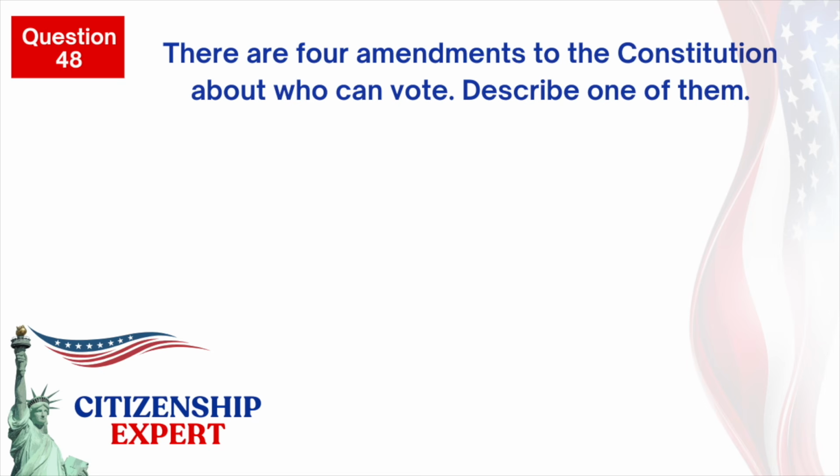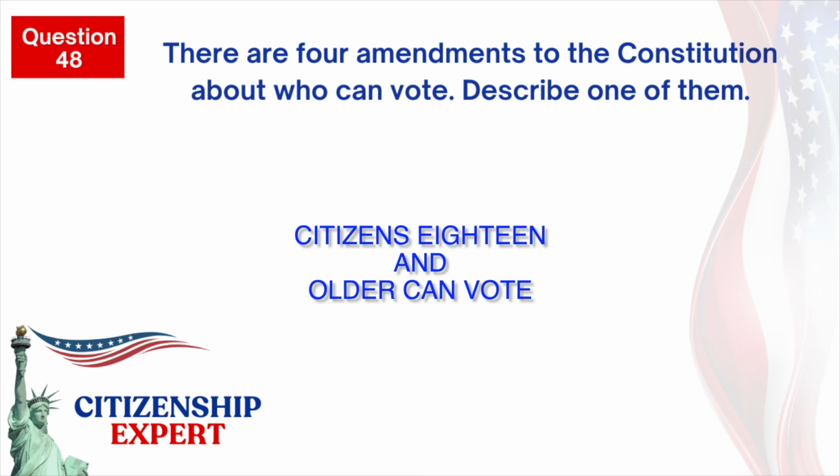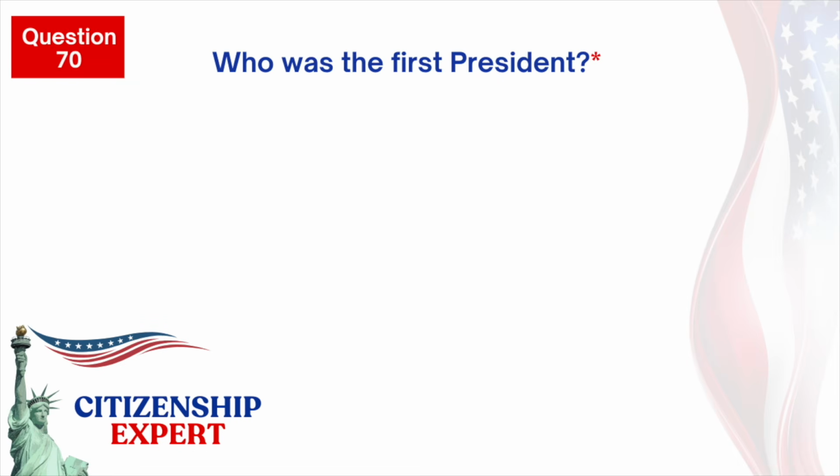There are 4 amendments to the Constitution about who can vote. Describe one of them. Citizens 18 and older can vote. Who was the first president?